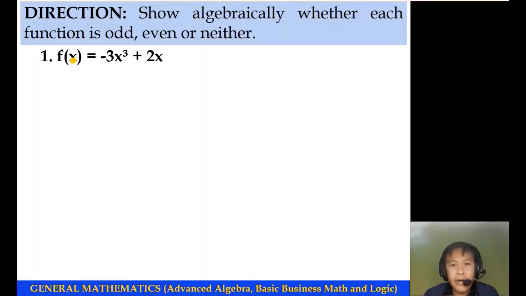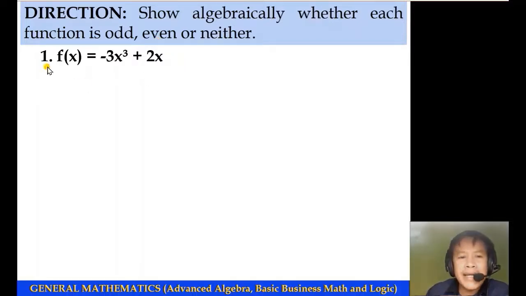Then, if the result is the negative of that particular function, the additive inverse of the function, we can say that the function is odd. If, after substituting negative x into each term, the result does not change, we can say that the function is even.